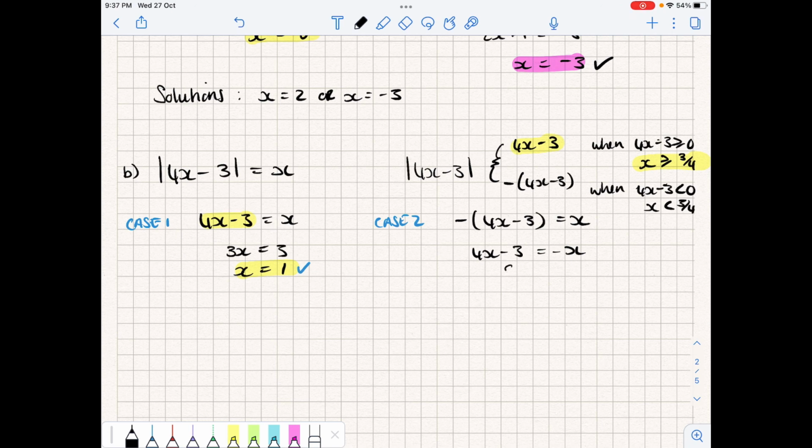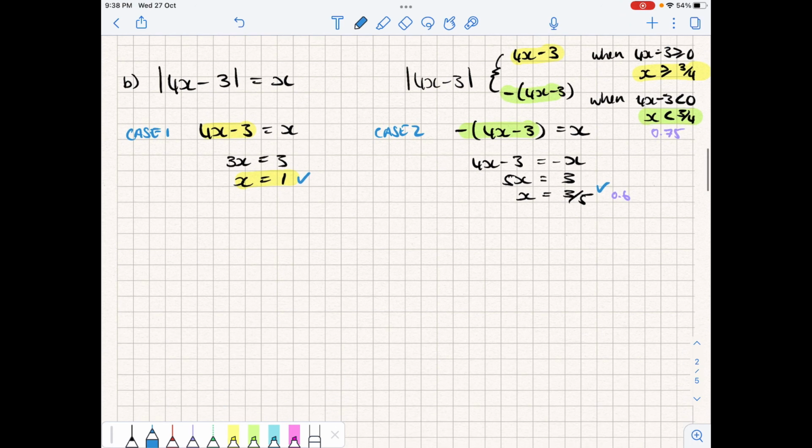So we'll get 5x equal to 3, x equal to 3 over 5. Now, I was considering the negative case. When it's the negative case, we need our solution to be less than 3/4. So 3/4 is 0.75 and 3/5 is 0.6, and 0.6 is less than 0.75, and so my solution is valid.